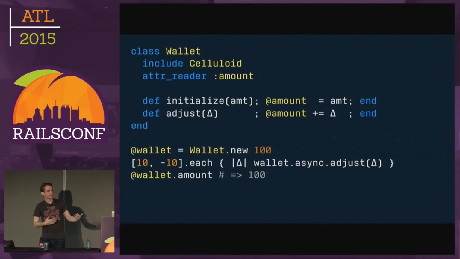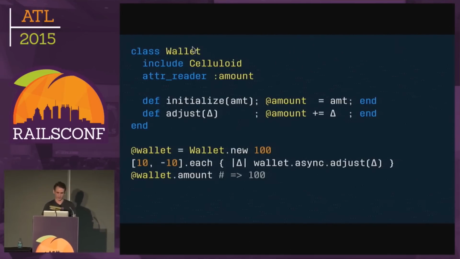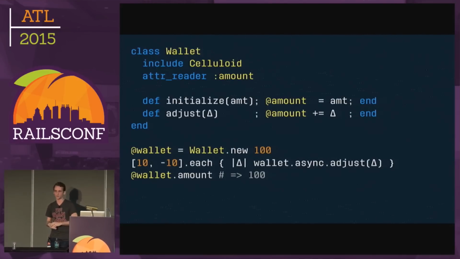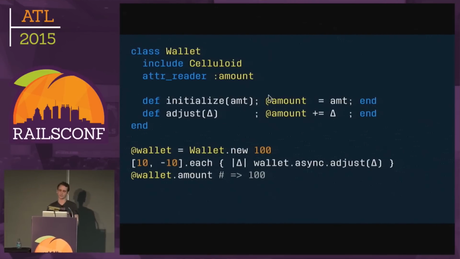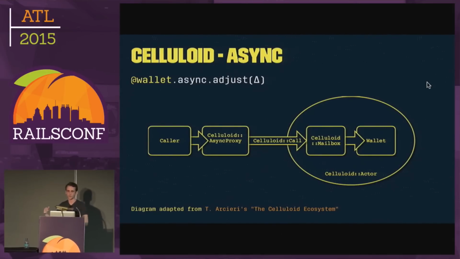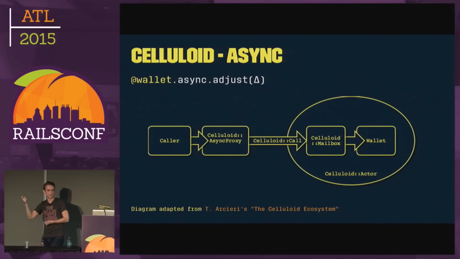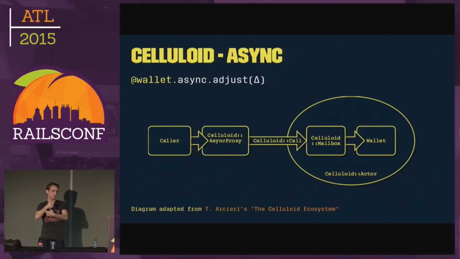Under the covers, what that's doing is kind of a lot, actually. When we new up a new wallet, we in fact do not get back a wallet. We get back a Celluloid wrapped wallet object. And really, it turns this wallet into an actor. And what that means is it's going to be an object that's running in its own thread, and where all of the method calls, all of the messages sent to that object, are mediated through a Celluloid mailbox.